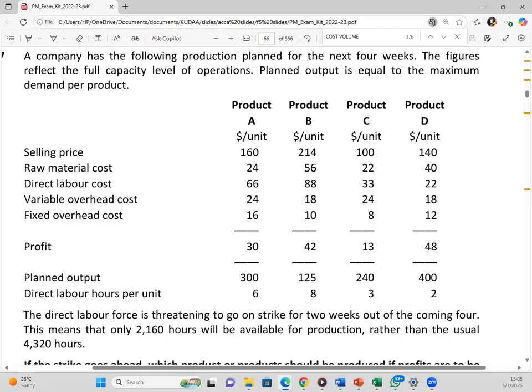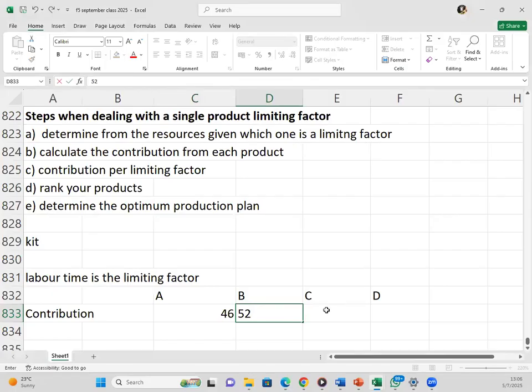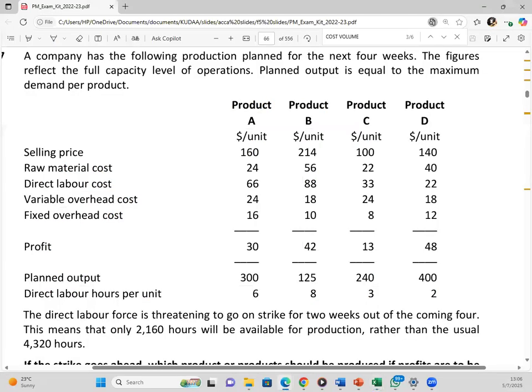So for A it is 30 plus 16, that's 46. That's 52.